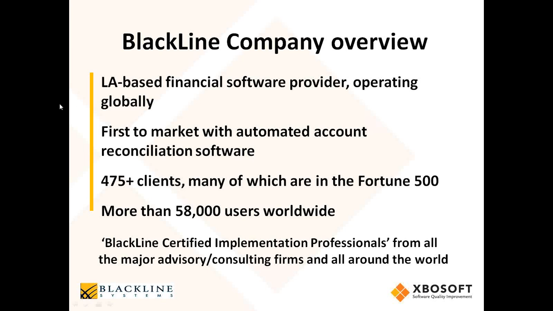Let me give you a little history about BlackLine. We're a Los Angeles-based financial software provider. We operate globally. We were the first to market account reconciliation software, and currently we have over 475 clients, many of them in the Fortune 500, and more than 58,000 users worldwide.